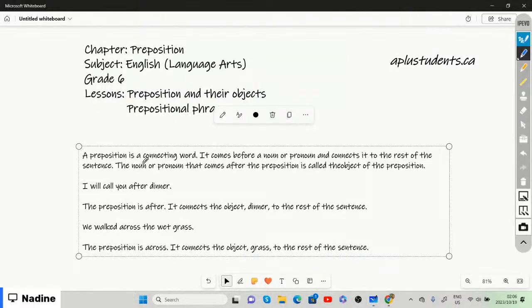With a preposition, it comes before a noun or a pronoun, and it connects that noun or pronoun to the rest of the sentence.